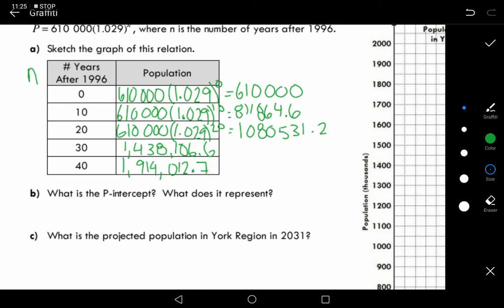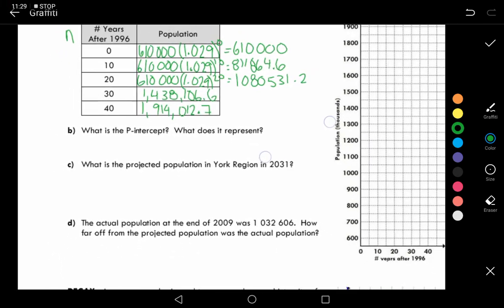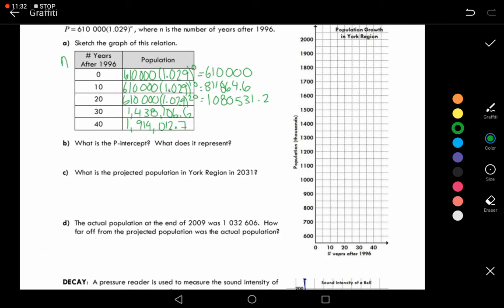Okay, and then once we have those points, looking at the graph we're already given here, we see that our number of years is on our x-axis. So these values are going to be our x values, and our population in thousands is our y value. Because it's in thousands, you need to take those answers that you got and divide them by 1,000.